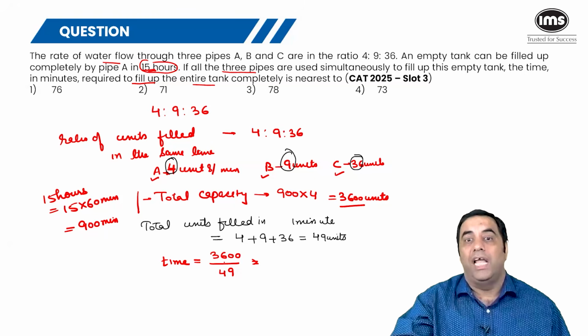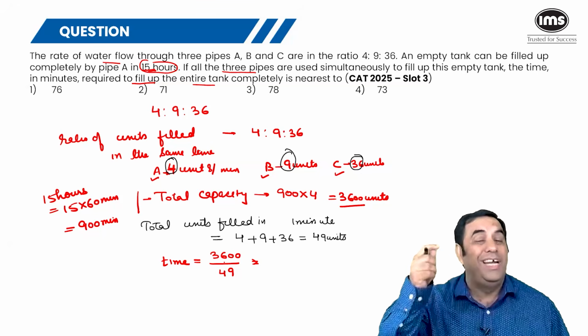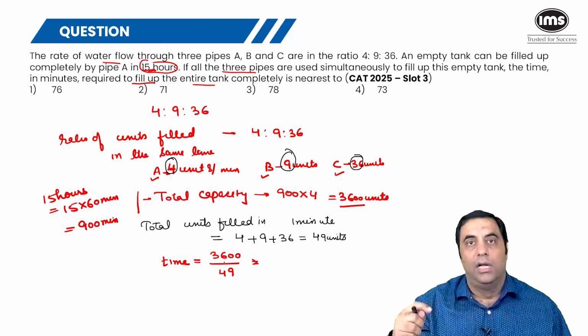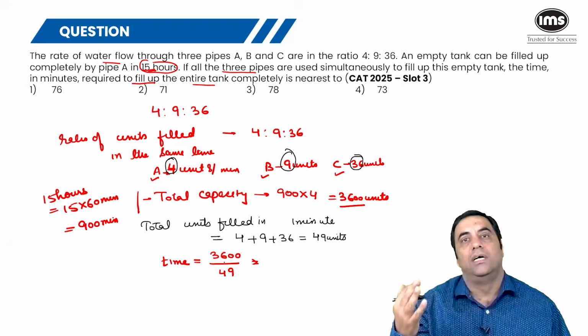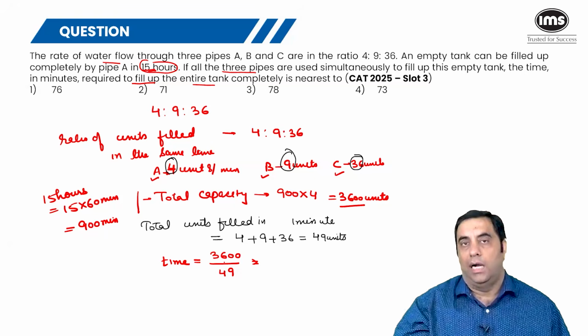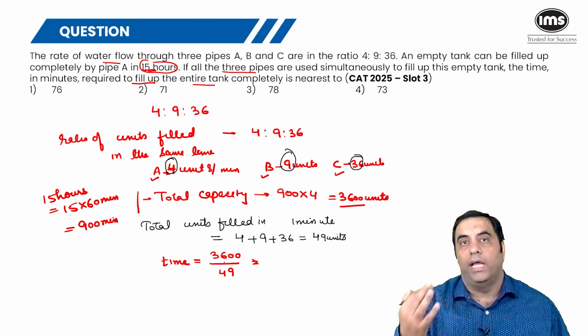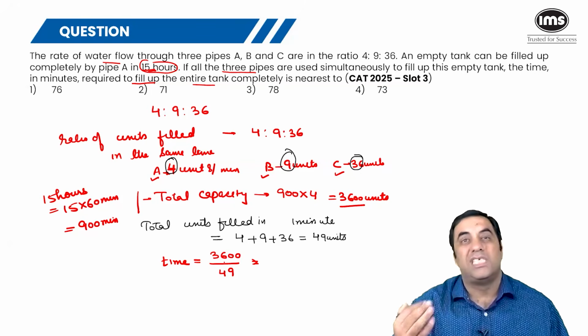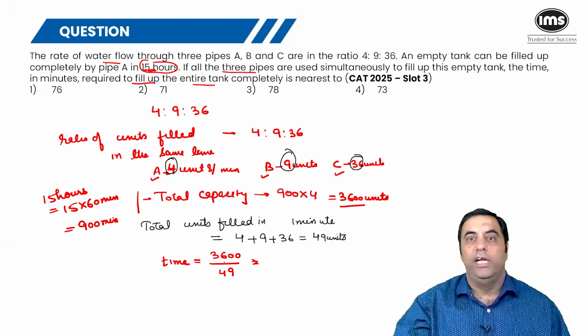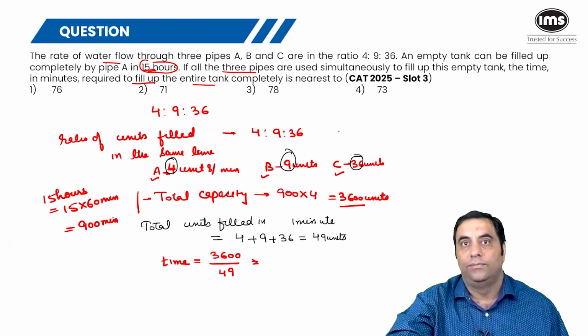Because the denominator is smaller, my answer would be slightly more than that. So if these are the options in front of me, I know my answer has to be slightly more than 72 minutes. So if I look at these options, I'll get option number 4 as the answer, right?